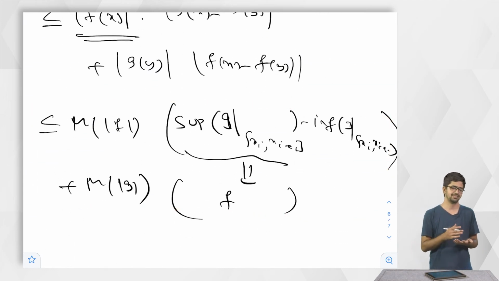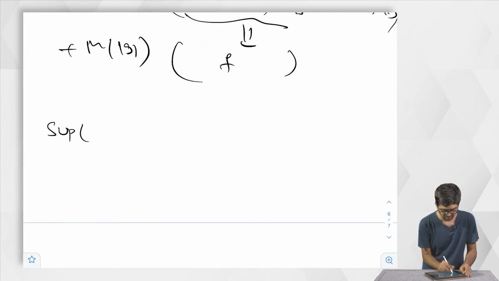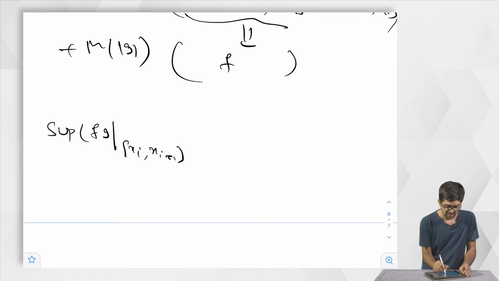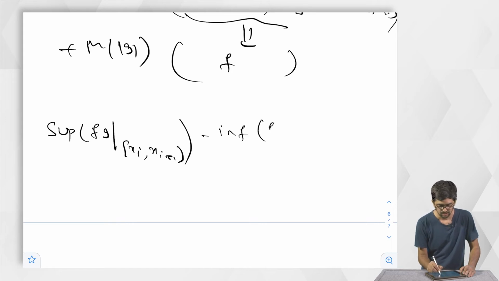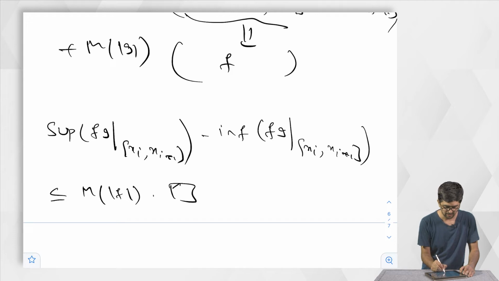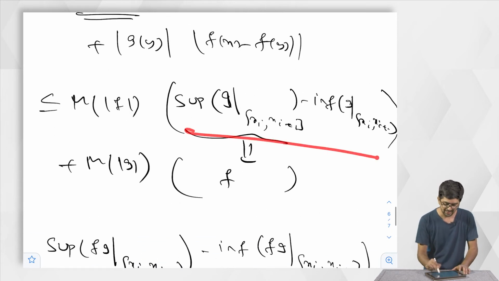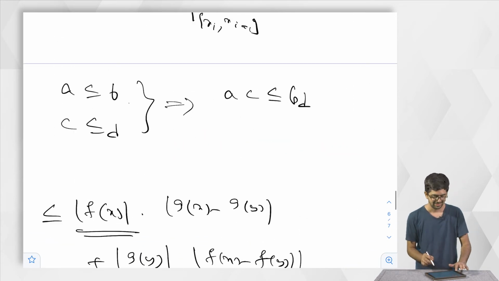So once we vary x, we have to replace fg with the supremum of fg restricted to x_{i+1}, and that minus the infimum of fg restricted to x_{i+1}. This difference is less than or equal to m times mod f times something plus m times mod g times something. This something is exactly what you will see in this inequality.